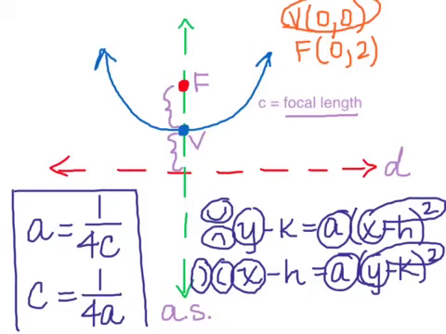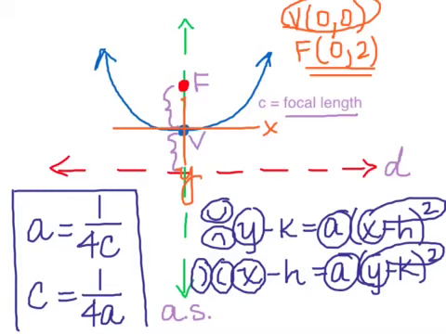So we're going to keep it simple, and since the focus is above the vertex, if you think about where those are, if this was the x and y axis, then if the vertex was at (0, 0), the focus would be at (0, 2), which is above the vertex.